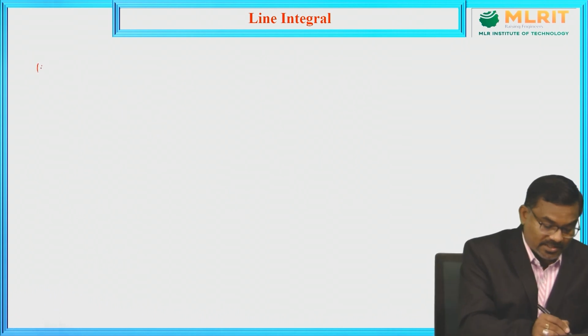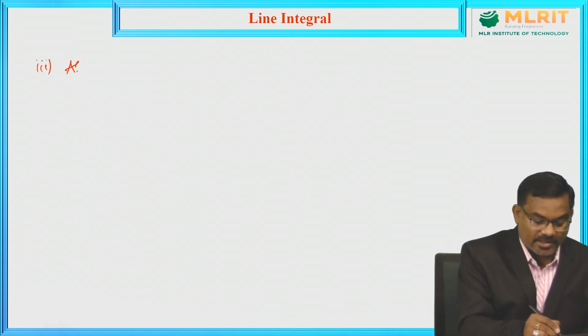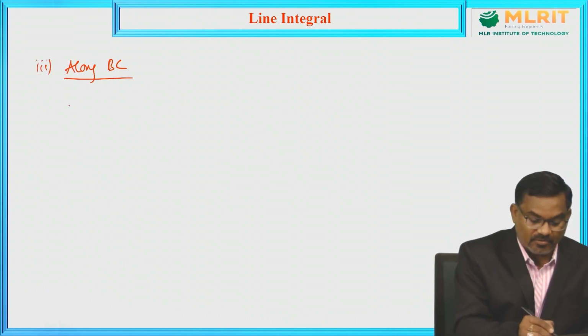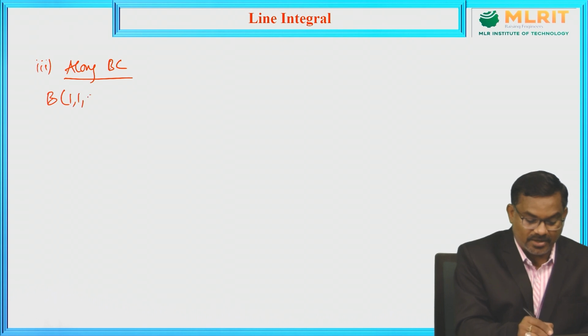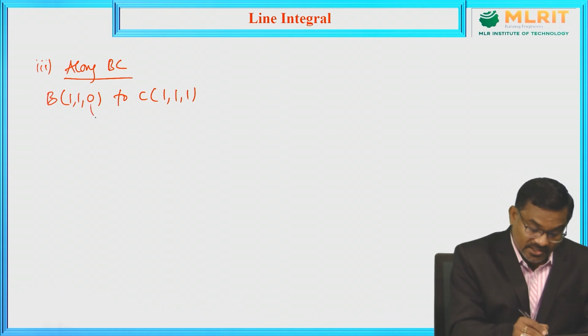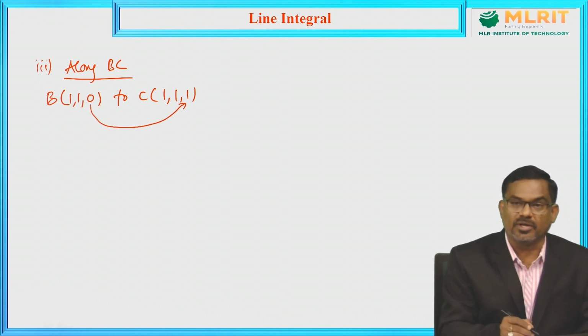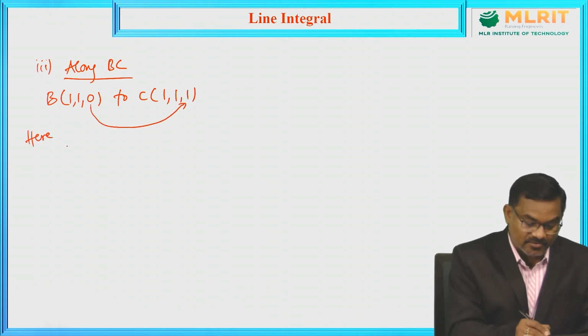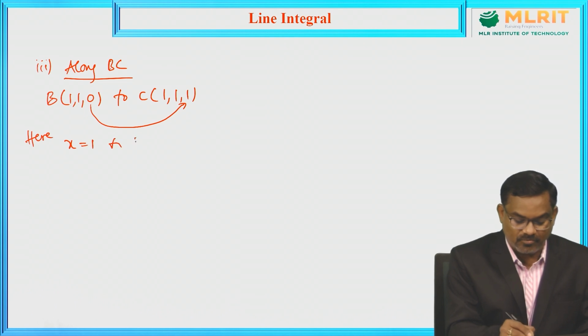Similarly, let us calculate the line integral along BC. What are the points? B is 1, 1, 0 to C is 1, 1, 1. Again it is very clear that only z changes from 0 to 1, whereas x and y are fixed values, x equal to 1, y equal to 1.